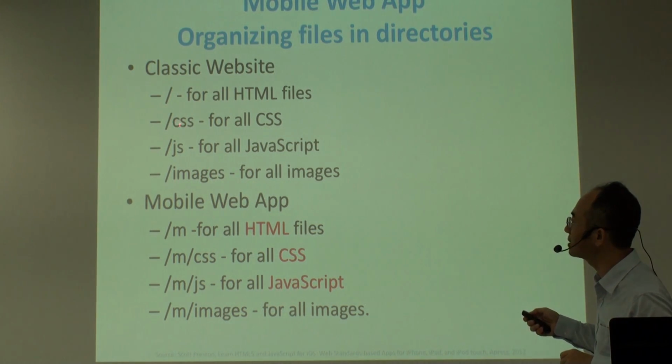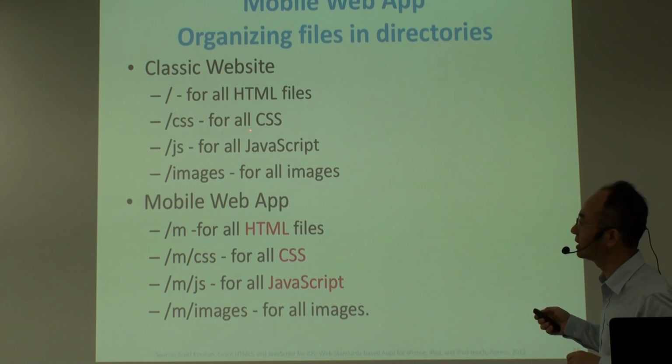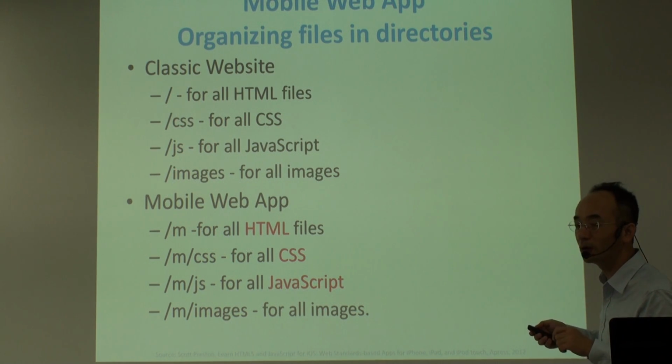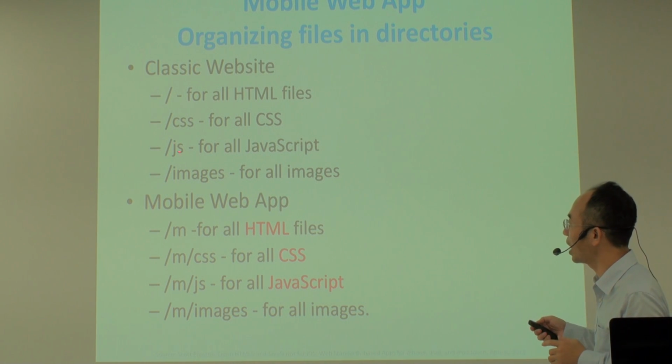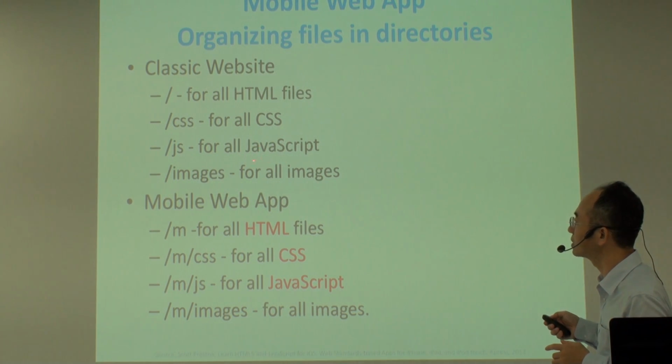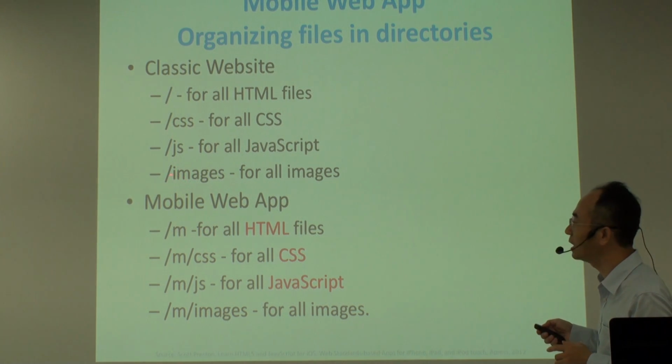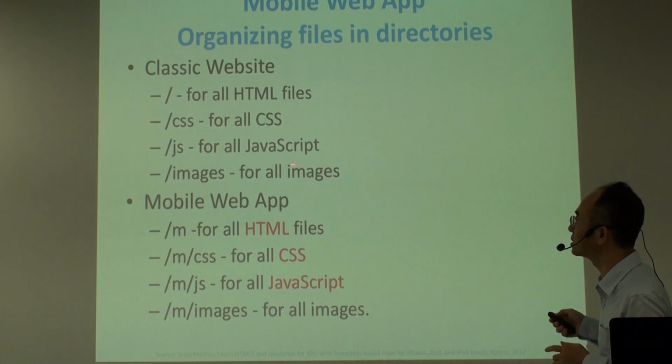One is CSS, for all CSS files. You can create a directory called JS for all JavaScript files. And you can also create an image folder for all images. So this is the root structure for designing your classic web.